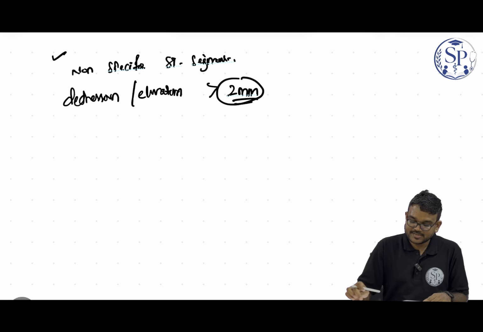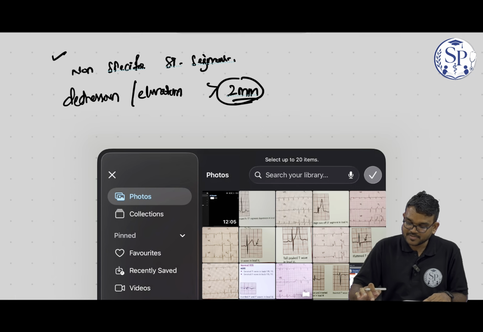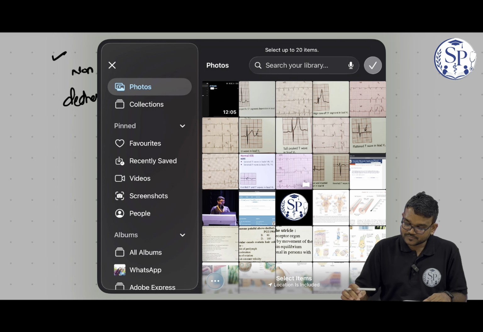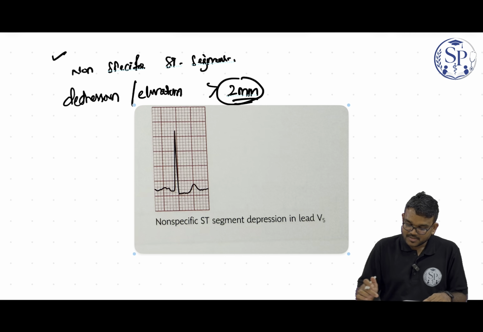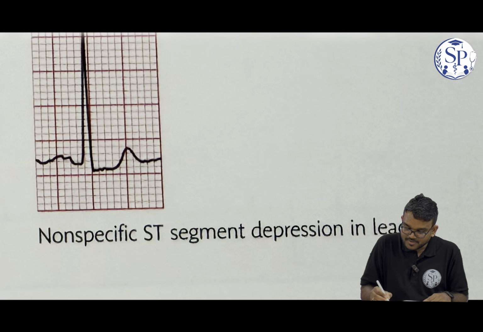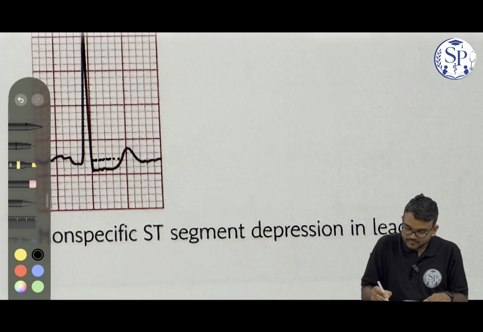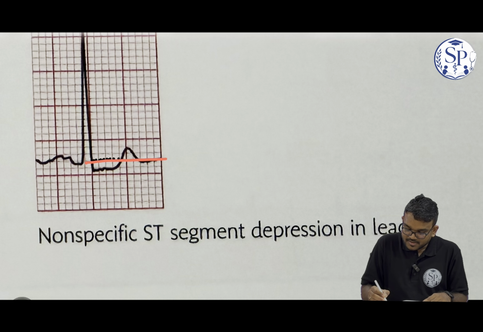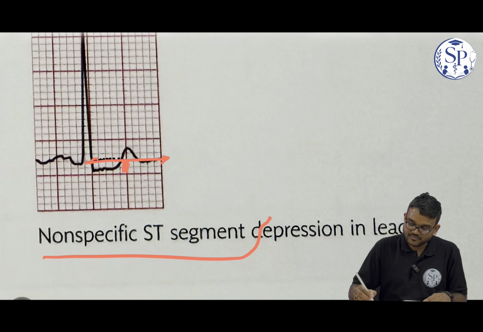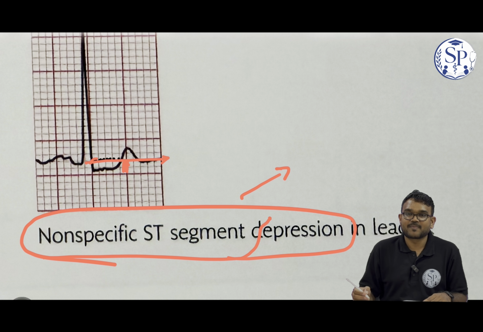Like we have already seen in one image, here you can see this is the isoelectric point, and the ST segment is depressed around 1.5 mm. So non-specific ST segment depression seen in lead V3 is absolutely normal.